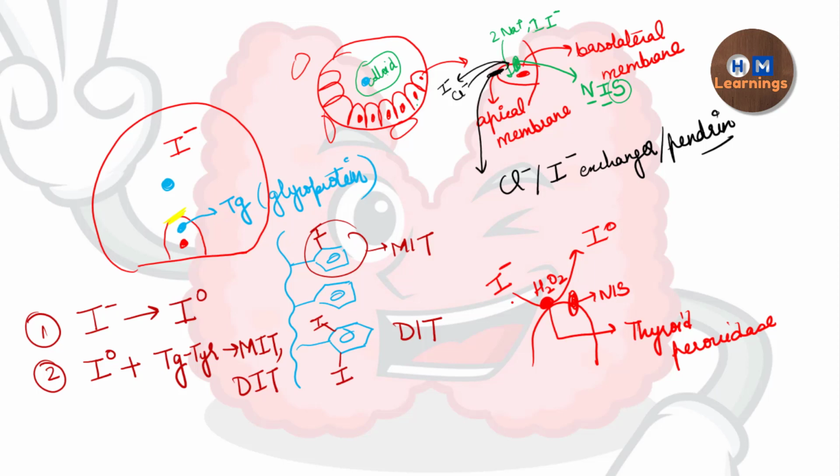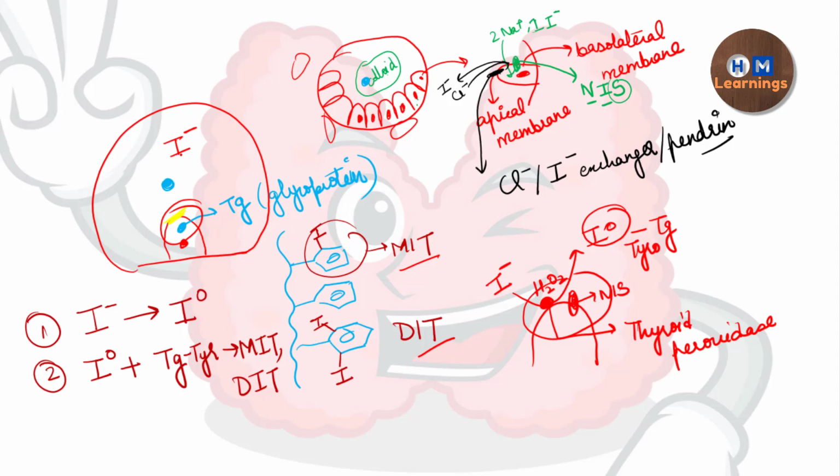So it is oxidizing the iodide into iodine, and it will also help in the incorporation of this iodine into the tyrosine residues of the thyroglobulin to form MIT and DIT. I think this is clear. So this happens at this segment.